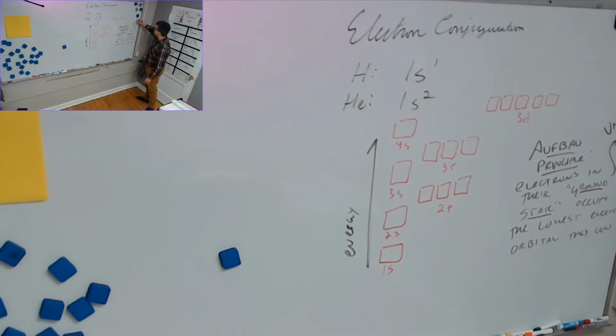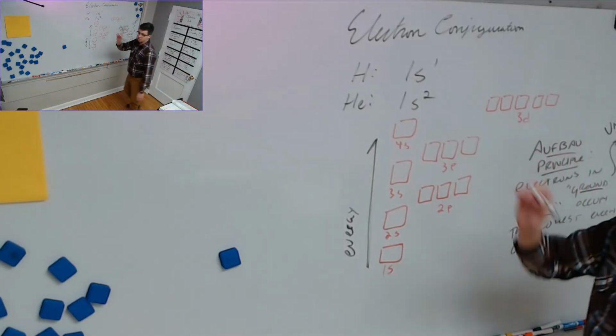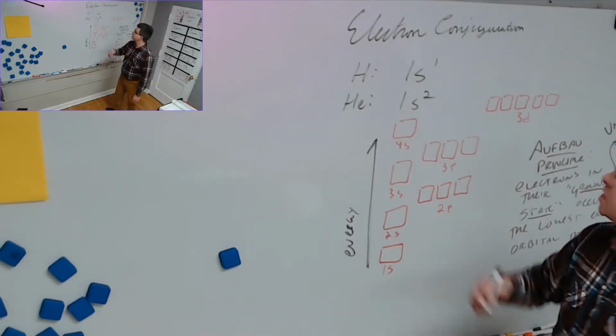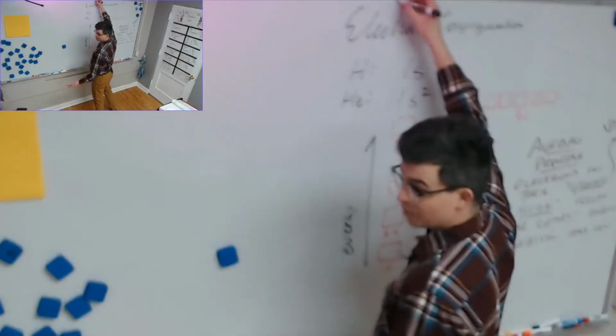I'm going to put here, unexcited. If they're unexcited, when they are not given the energy needed to get to a higher level, they occupy the lowest energy orbital they can. We are always talking about, if we're being very specific, ground state electron configuration.